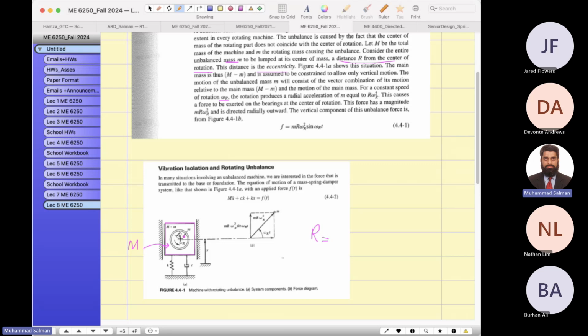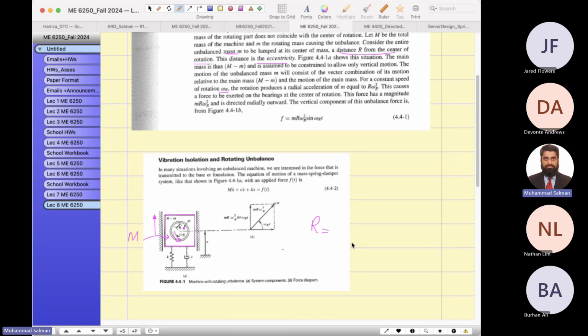When this mass rotates, the machine starts moving up and down, or vibrating, with the rotation. And as you know, the force transmissibility, the force due to this mass.